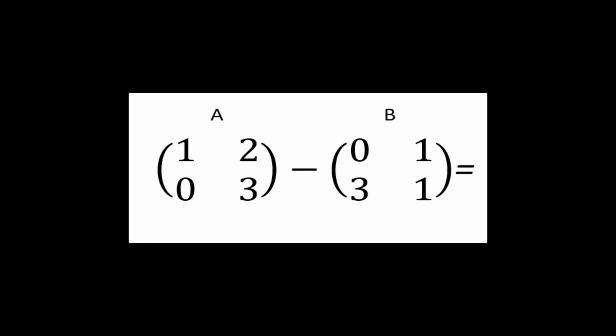We're going to subtract matrix B, which is equal to 0, 1, 3, 1. You can pause the video and do the calculation by yourself, and then we'll do it together. So after pausing the video and doing it, now we're going to show you how to do it, to see if you are correct.